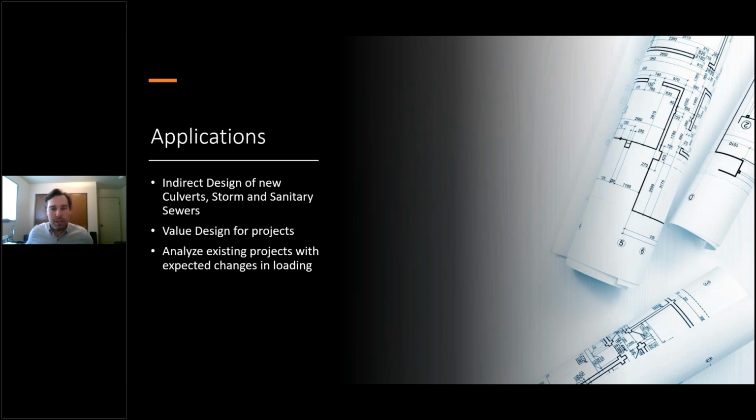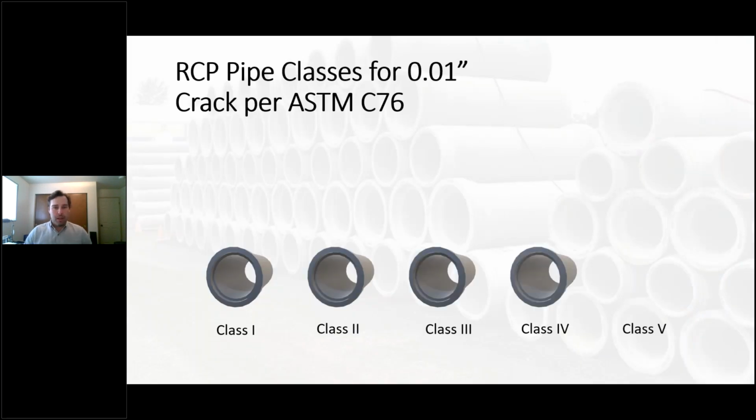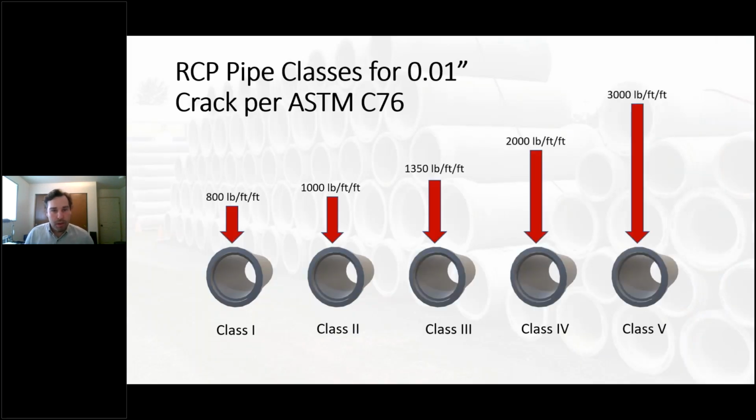So as I mentioned, we're using this for the indirect design method and classes of pipe. What we're really looking for is the class of pipe that can be designed and then tested for in the plant. And that's according to the RCP pipe classes for a 0.01 inch crack per our ASTM C76 manufacturing standards.